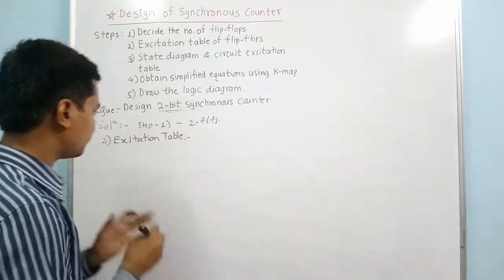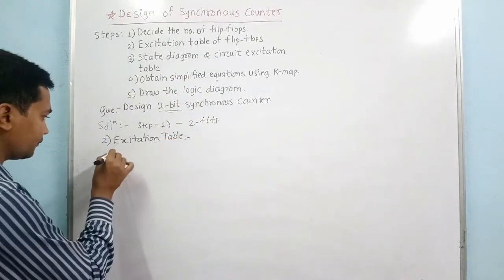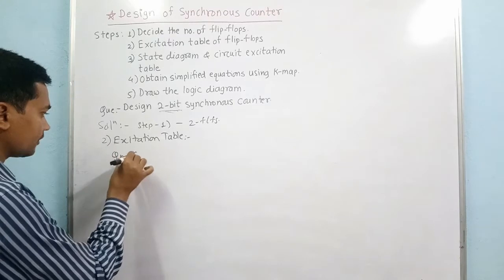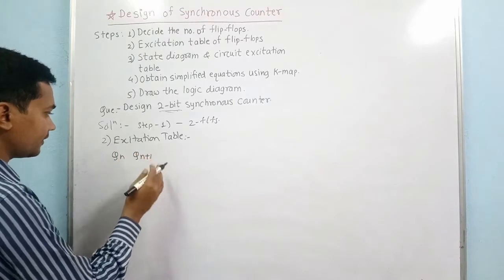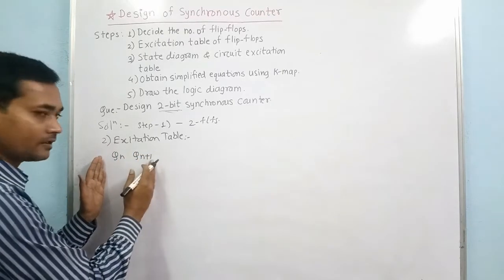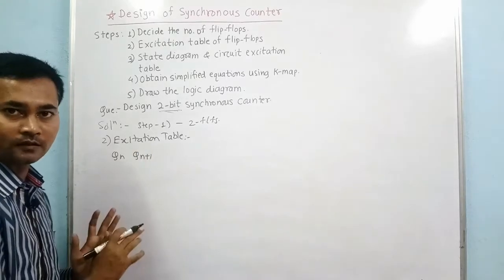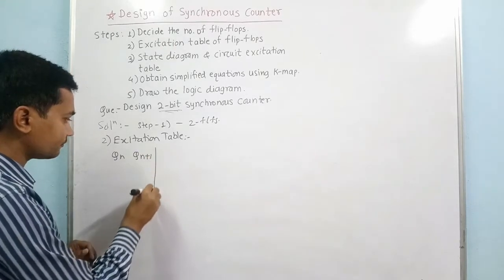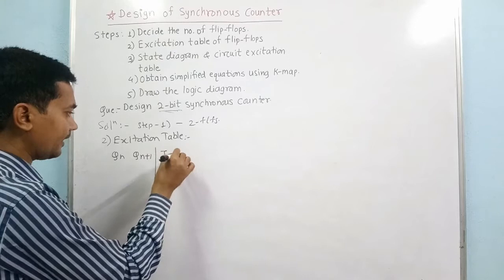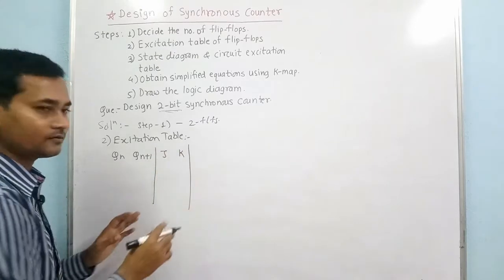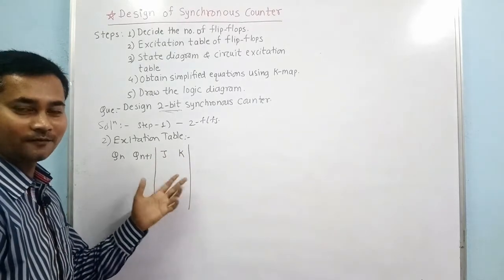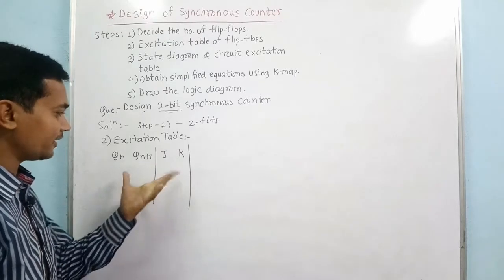The excitation table has Qn and Qn plus 1 as inputs, and J and K are the outputs of the excitation table. It is quite interesting.